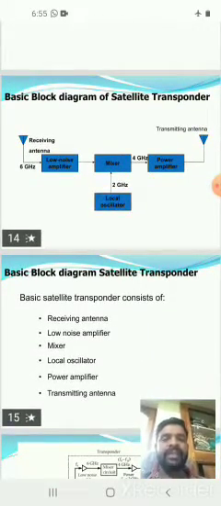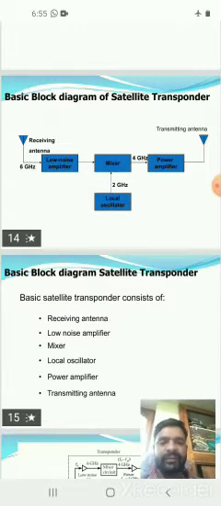So, the basic block diagram of a satellite transponder is the single conversion transponder. The diagram shows the transponder consists of a receiving antenna, low noise amplifier, mixer, local oscillator, power amplifier, and transmitting antenna. So the transponder contains a receiver section and a transmitter section.